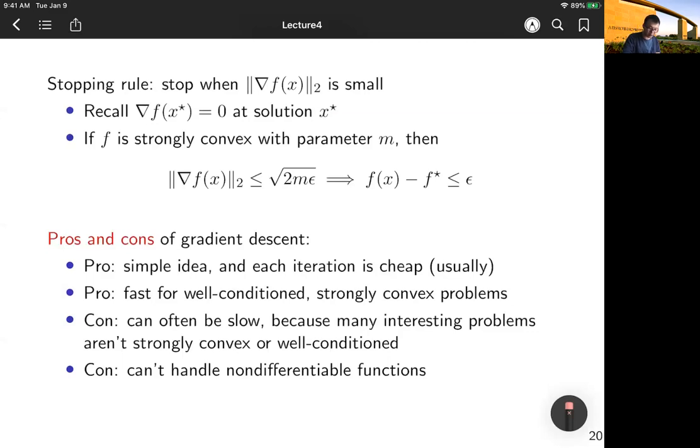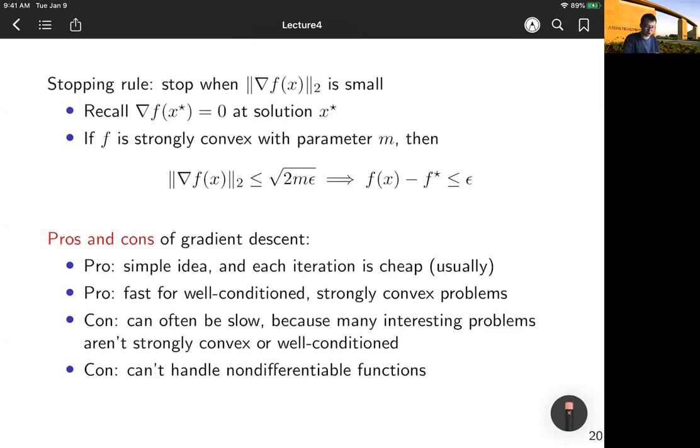On the other hand, first order optimization often suffers when f is not strongly convex, or if the condition number is poor. Basically you'll end up having to work with the sublinear convergence that goes to 0 at 1 over k.